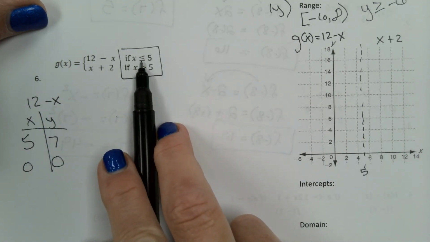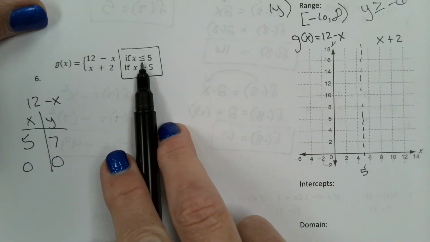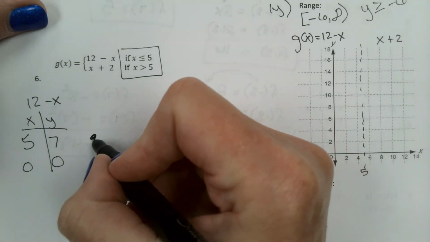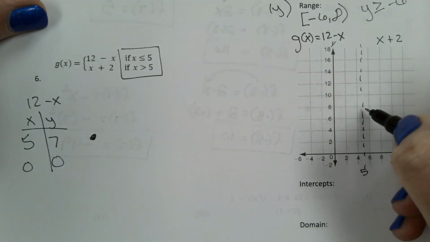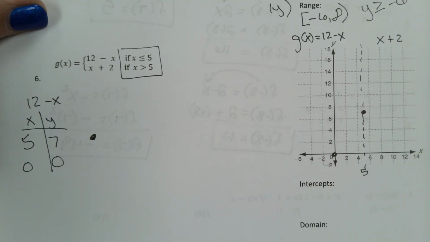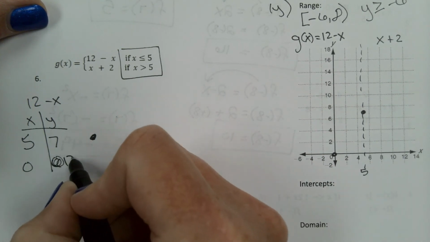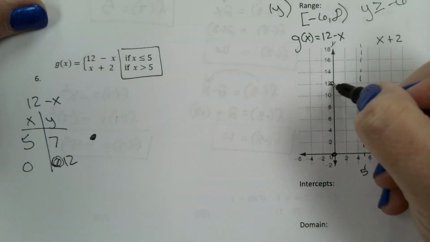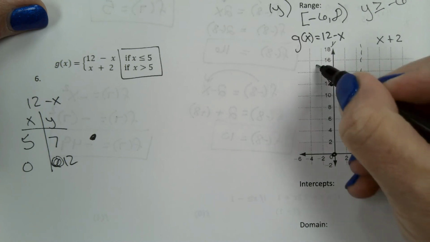I have a bar below that, so that means that I get the closed circle here. So I have a point here at 5, 7, and 0, 12. My bad, I was like, that is not looking right. And it goes up like that.